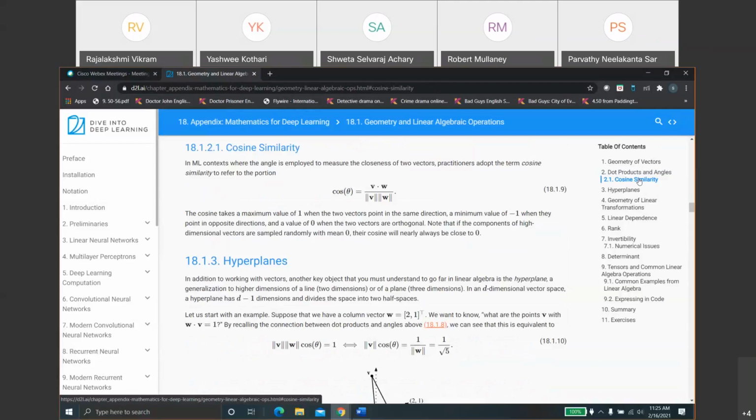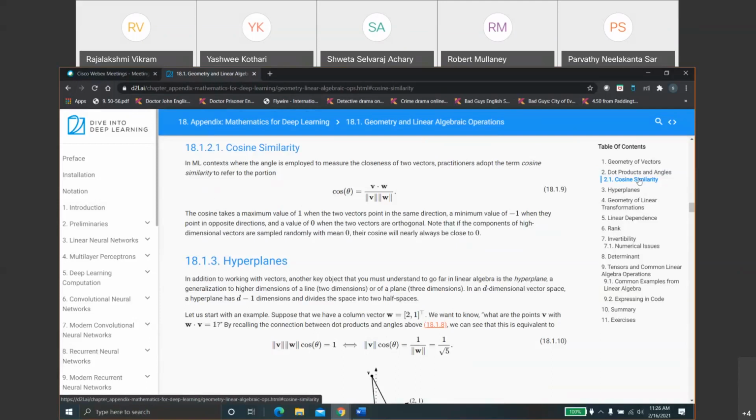Cos theta takes a minimum value of -1, a maximum value of 1, and it is 0 when the angle is 90. So when two vectors are perpendicular to each other, cos theta gives you 0. When the two vectors are pointing in the same direction, cos theta will be 1. When two vectors are opposite, meaning the angle is 180 degrees, cos theta will give you -1.